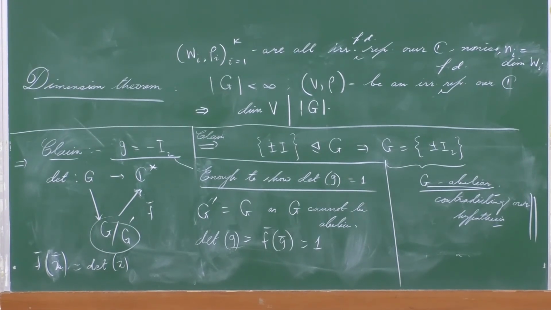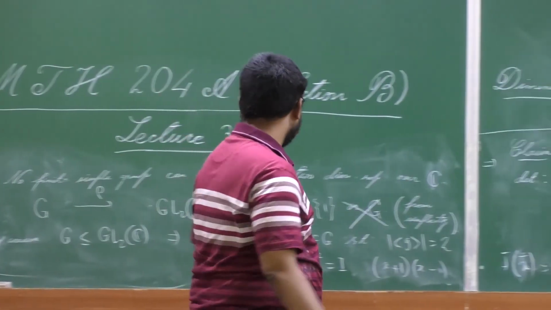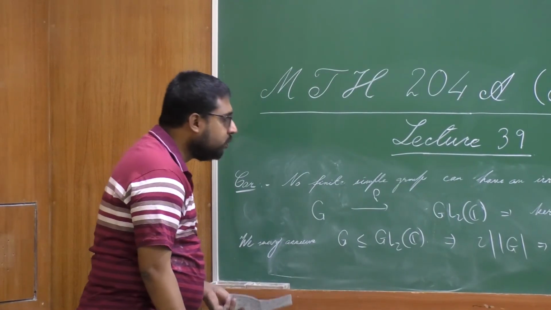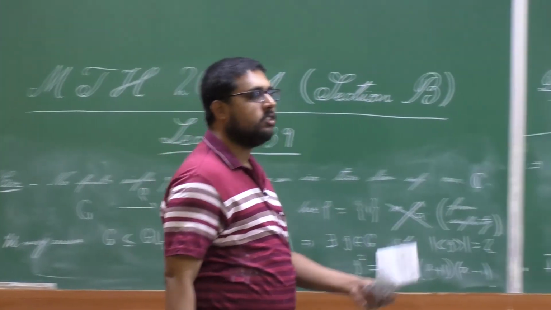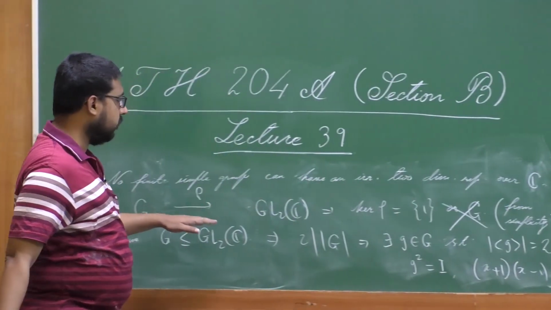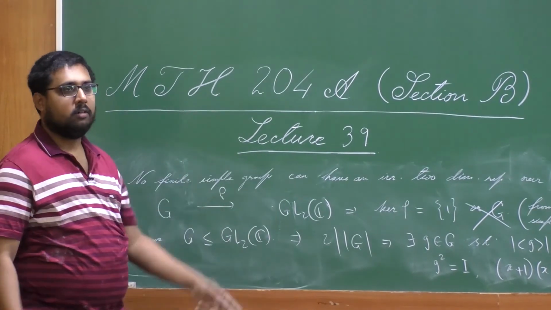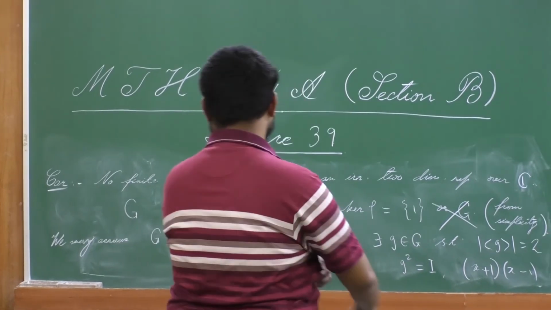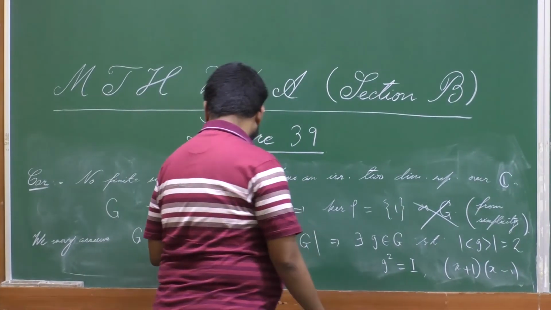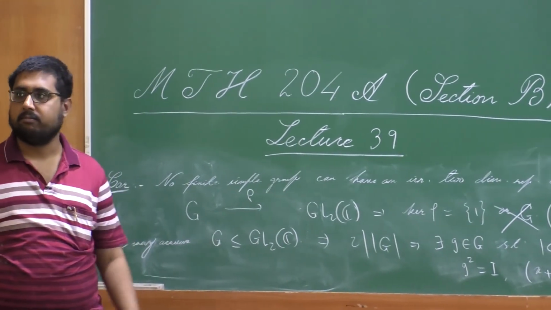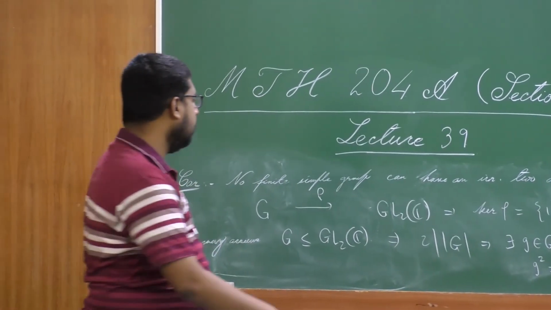So let me again summarize the proof, and with that I will finish. The claim was, if we have a finite simple group, then it cannot have a 2-dimensional irreducible representation. So assume the contrary; that immediately shows G cannot be abelian. Simplicity tells us that we can assume G is included inside GL2C.